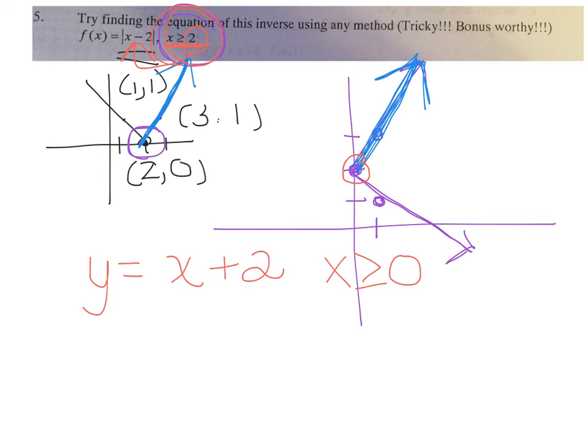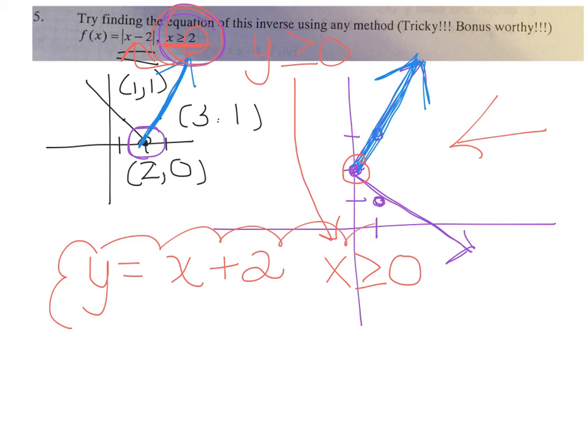Well, this domain also was hiding from you that y was going to be greater than or equal to 0. That was on the original function. When we go right here to this one, our inverse, the domain becomes the range. So these x's become the y's, and the y's become the x's. So this y becomes that x. And this, my friends, is your final answer.